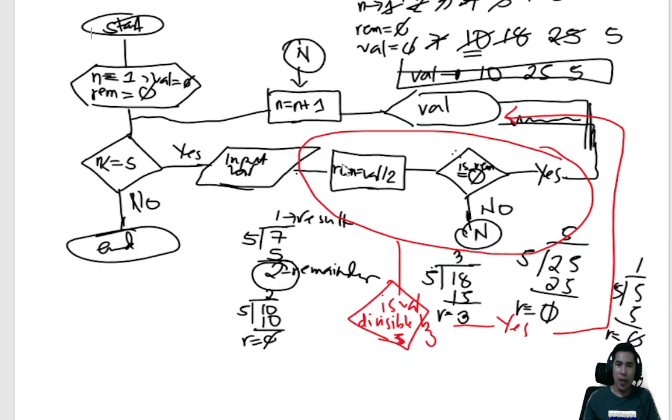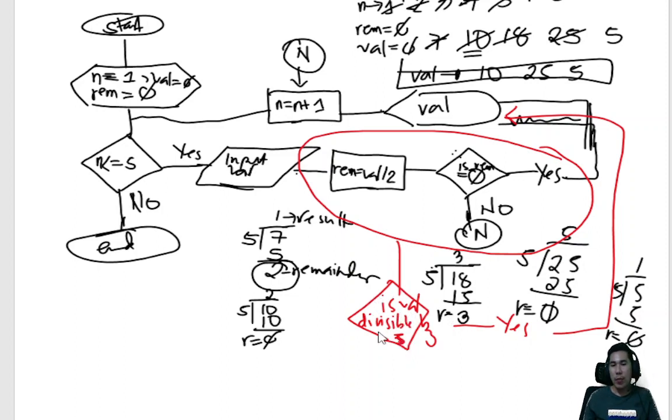So instead of having the process of dividing it and then comparing, you can combine them as one. But take note, this is a clearer solution. How do we know that the value is divisible by 5?